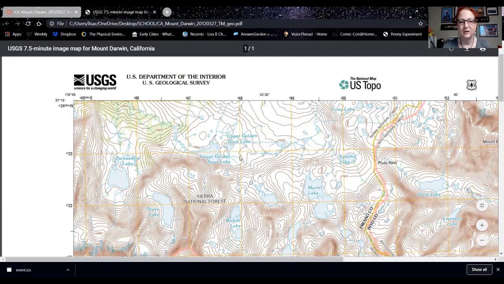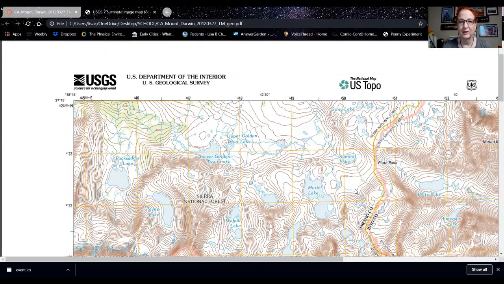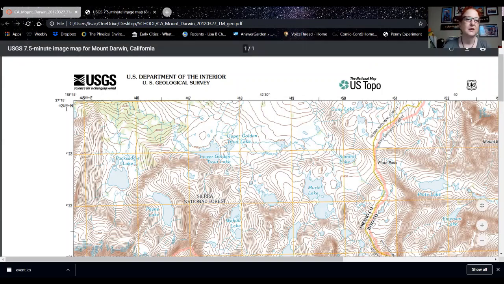Now these lines on the map are UTM, or Universal Transverse Mercator lines. Ignore them for now. They are not what we're doing in this assignment. But look up here in the corner and you can see 118 degrees, 45 minutes.